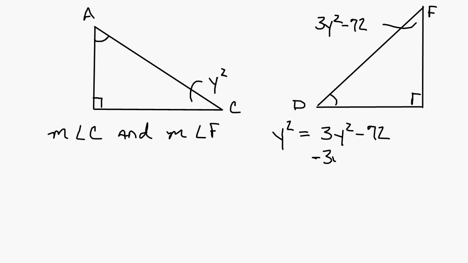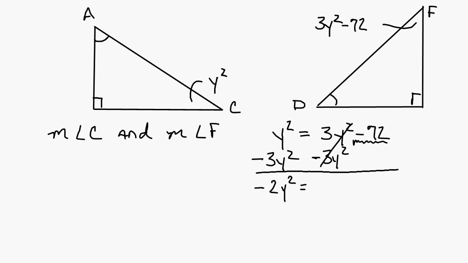Subtract 3y squared from each side. Y squared minus 3y squared is negative 2y squared. Very good. Negative 2y squared equals. Now, when these cancel out, don't forget about the negative symbol in front of the 72. That's negative 72.